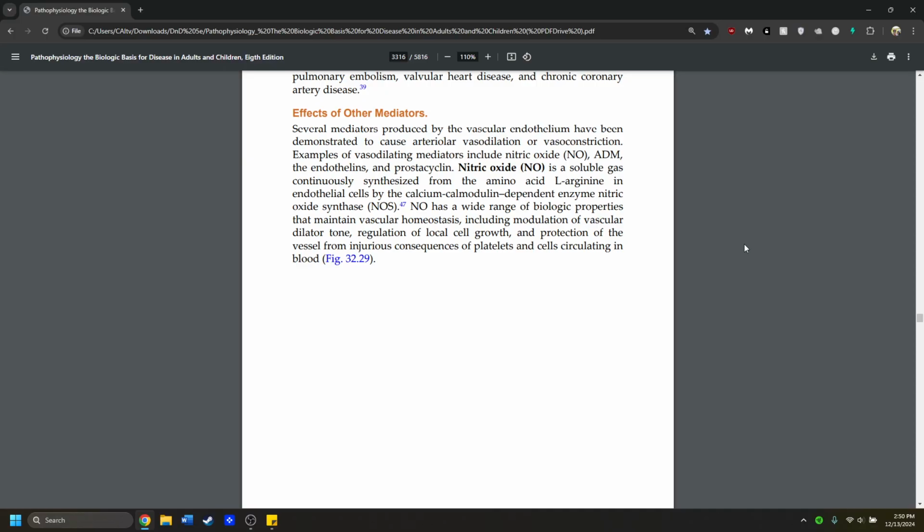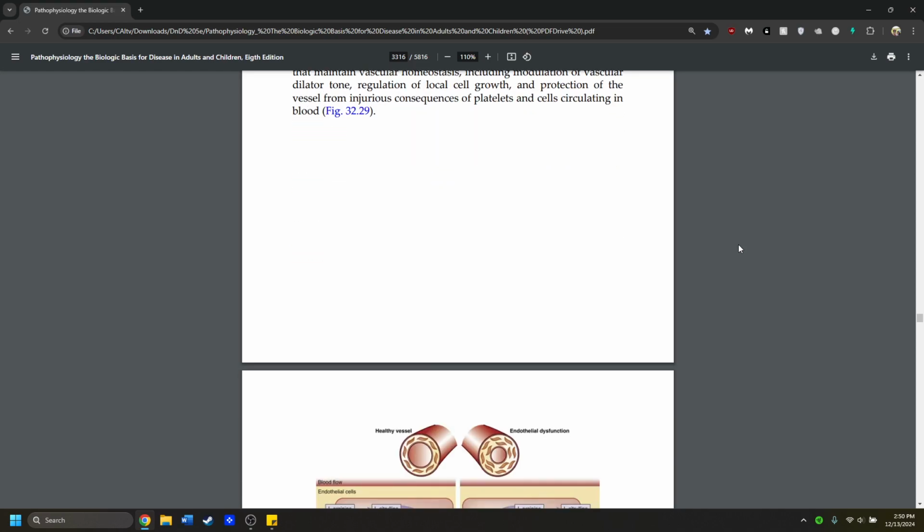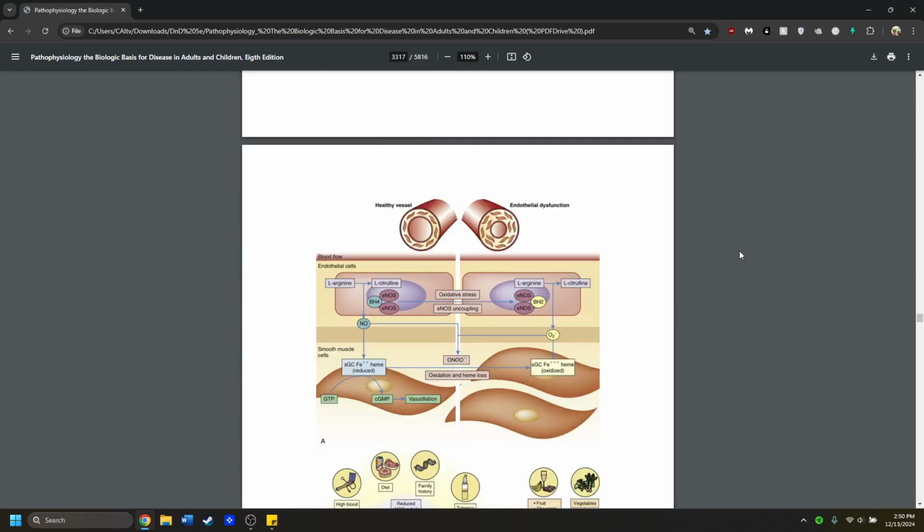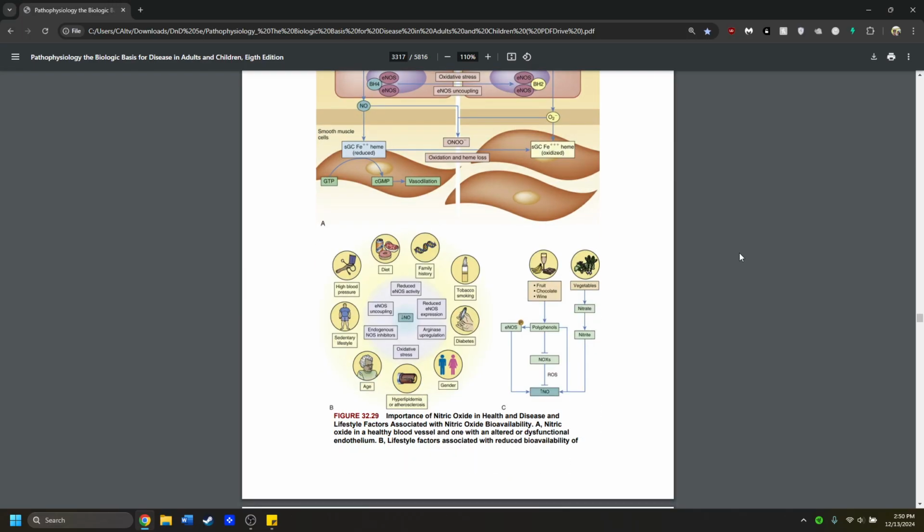Nitric oxide has a wide variety of biologic properties that maintain vascular homeostasis, including modulating vascular dilator tone, regulation of local cell growth, and protection of the vessels from injurious consequences of platelets and cells circulating in the blood. So here we can take a look at the importance of nitric oxide in health and disease and lifestyles associated with nitric oxide.